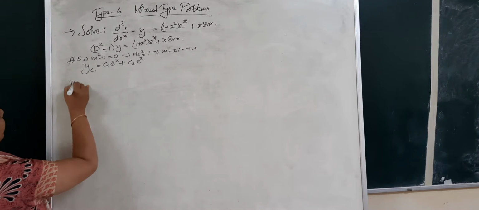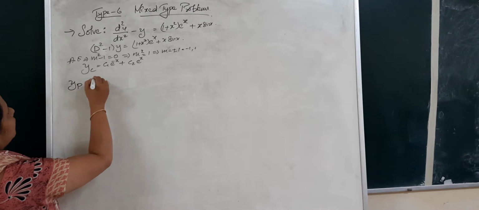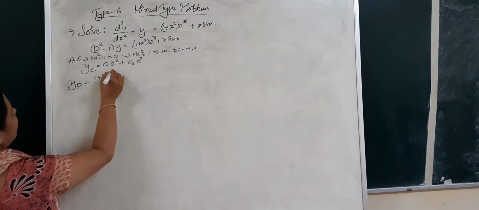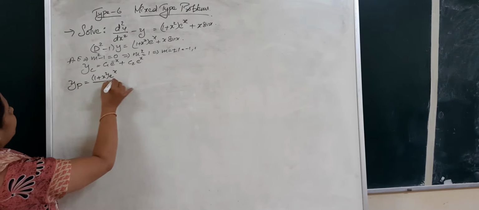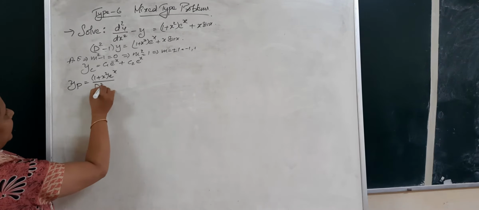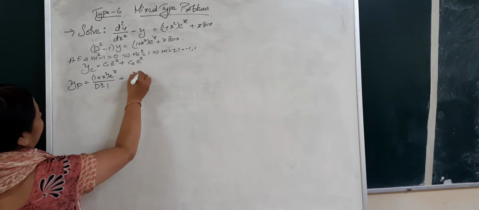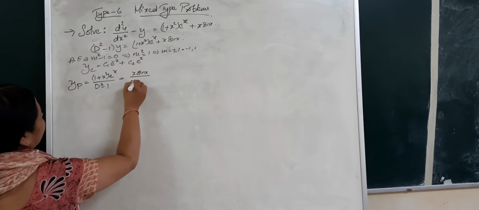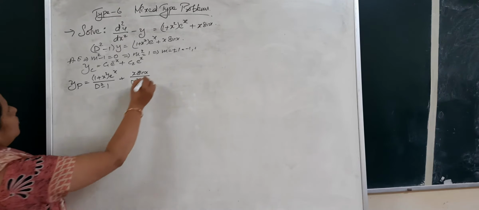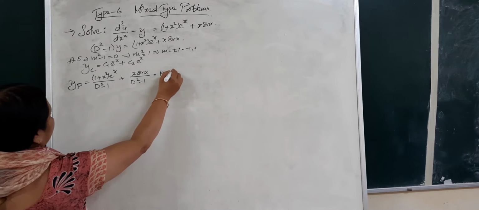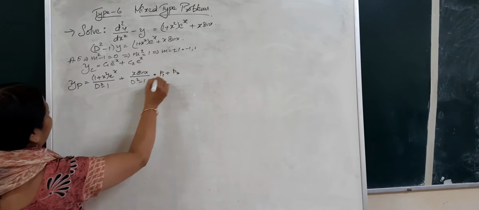Next, coming to yp, yp is equal to the first term divided by f of d, that is d square minus 1, plus the second term divided by d square minus 1. Let us assume these are p1 and p2 for our comfort sake.